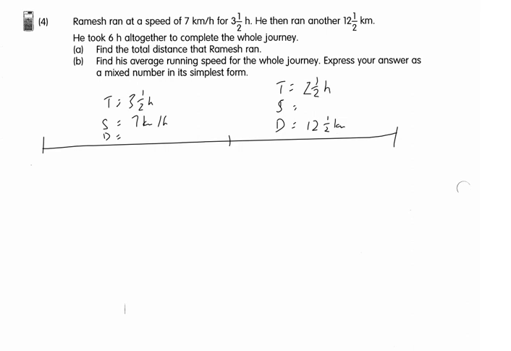Now, since you know that he ran for 2.5 hours for the second part, they want us to calculate the total distance that he ran. To calculate the total distance, first we need to find the distance here, before we add. So to find the distance for the first part, Sky, tell me the formula.